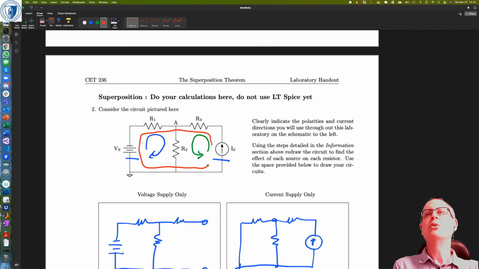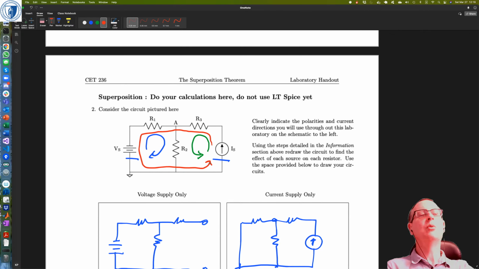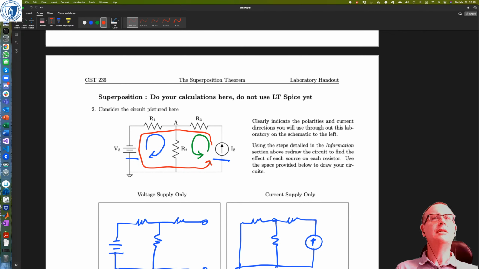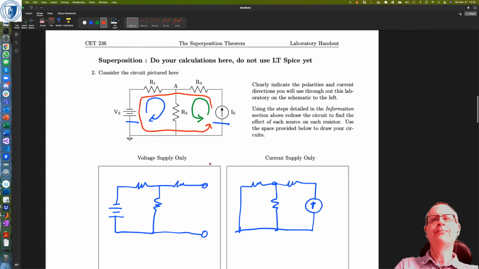And there's another loop. Remember, these are loops, whereas the blue and the green ones on my screen now are meshes, but the red one is not a mesh because it jumps over the R2 branch, right? But it's still a loop. All 3 of those are loops.